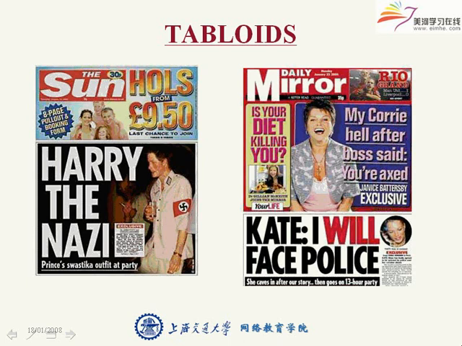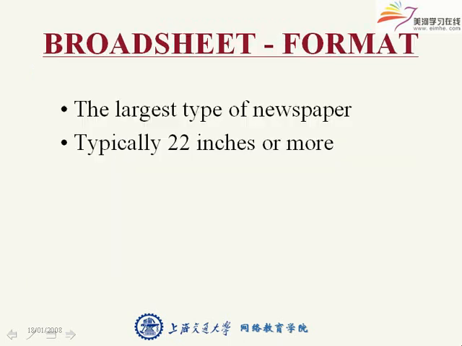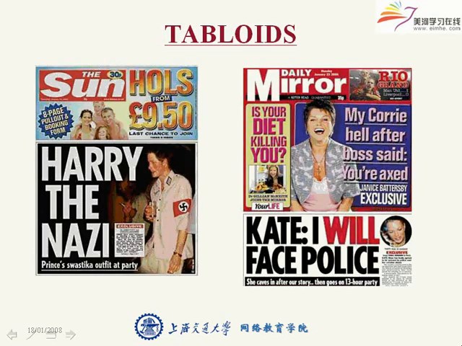Now, as I said, broadsheet content, they cover all national and international news, often in a serious or in a formal way. The broadsheet style aims at the intellect. That means it aims at your brain. You really have to think about it. That's what I said, the sentences tend to be long. And they are called quality or serious-minded newspapers.